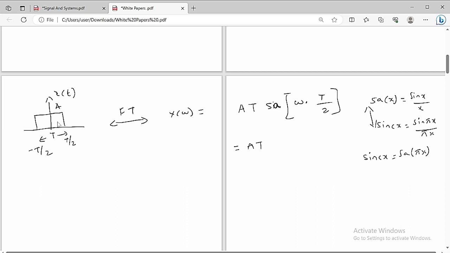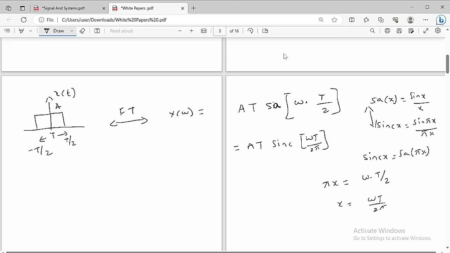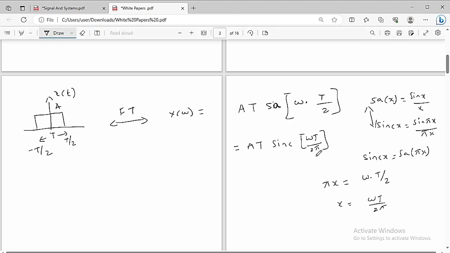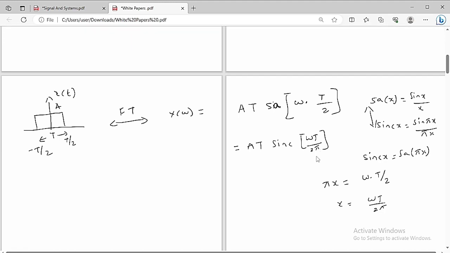Suppose pi x is nothing but omega into T by 2, then x here is omega into T by 2 pi. Right? So this sinc of x is nothing but omega into T by 2 pi. So this is the thing we have to keep here. You can either write like this or like this. The concept is the same.